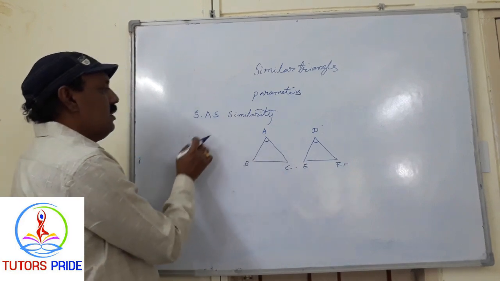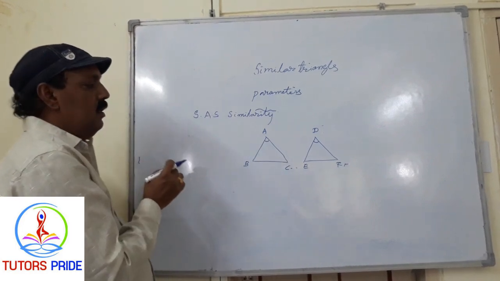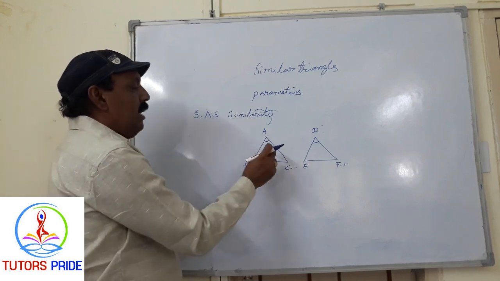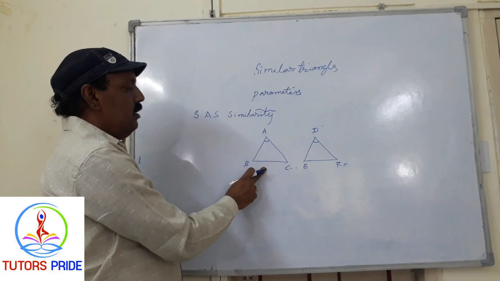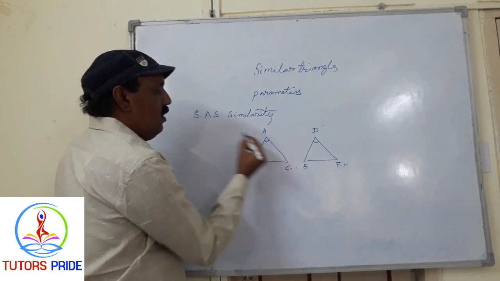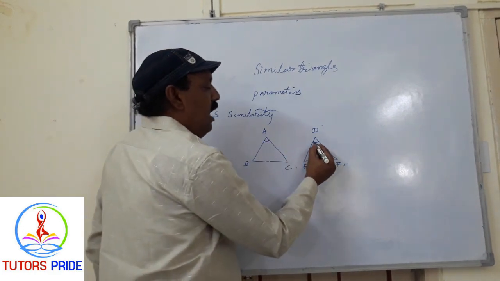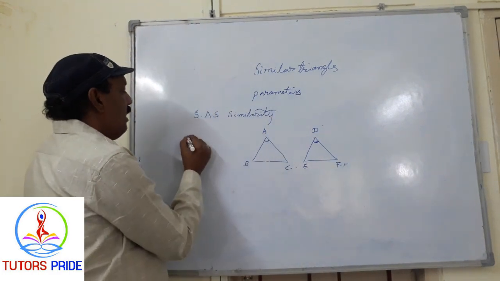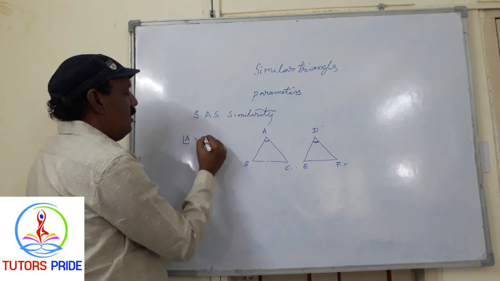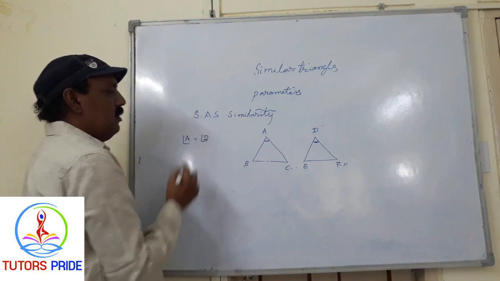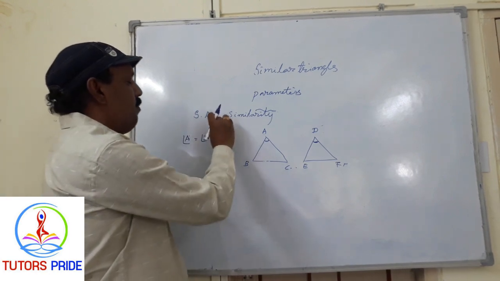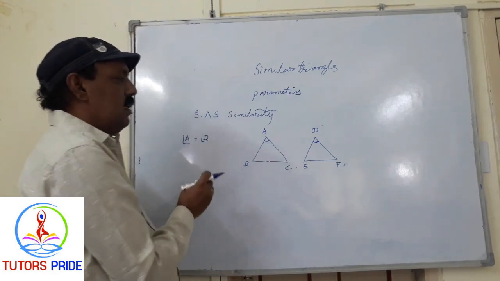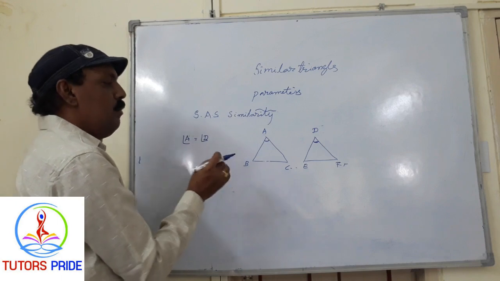The reason is, in this similarity parameter, one angle of the ABC triangle is equal to one angle of the DEF triangle. So angle A equals angle D. In the meantime, the corresponding sides of these two triangles are maintaining the same ratio.